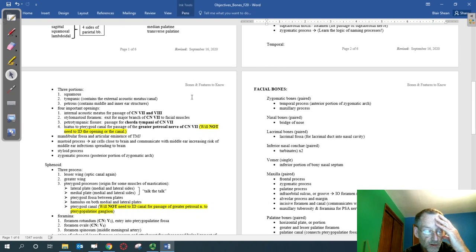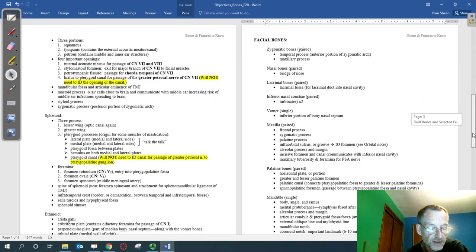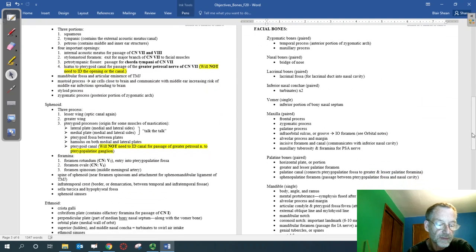The features of the temporal bone are shown on the left. 3 different portions, and then the 4 important openings. We have the internal acoustic meatus, we have the stylomastoid foramen, we have the petrotympanic fissure. You should be able to tell me fairly soon what nerves pass through those openings.